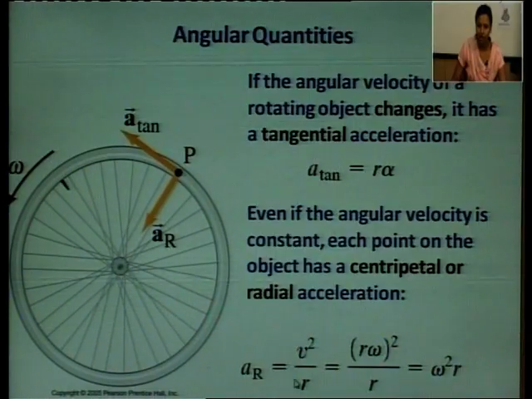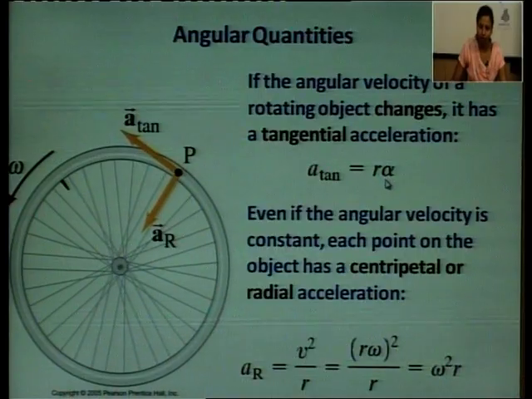So, a_r is equal to v square upon r, where v is r omega. After substituting v is equal to r omega, it becomes r square omega square upon r. After cancelling out one r, it becomes omega square r. So radial acceleration, or we can call it centripetal acceleration, is equal to omega square r, and tangential is alpha r.